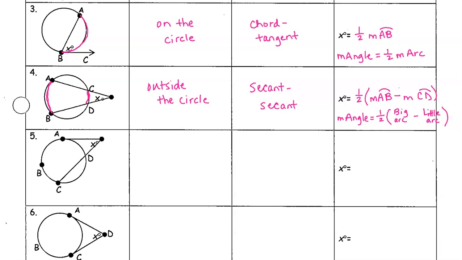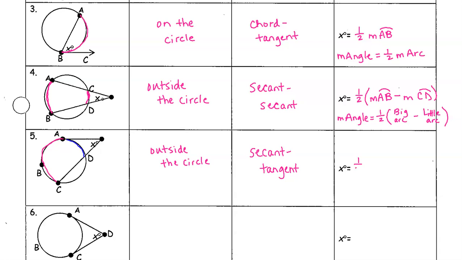Okay, number 5. Again, vertex is outside the circle. Okay, this one's formed by a secant and a tangent. Okay, if I look, this angle is going to cut off arc ABC as well as arc AD.